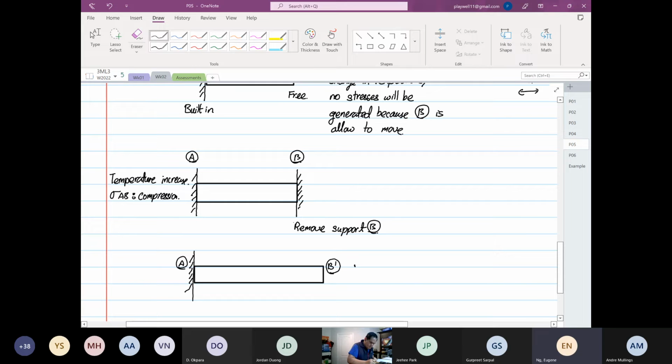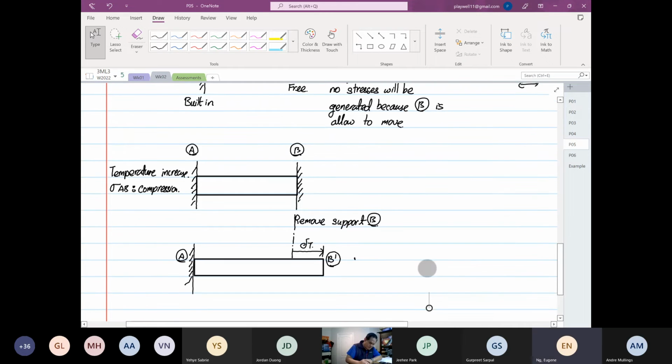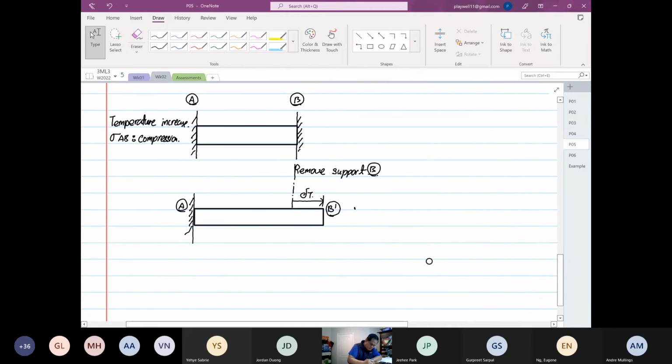So the B prime, this is what we call our deflection due to temperature. Okay. So delta T is equal to alpha, change in temperature, multiplied by original length.